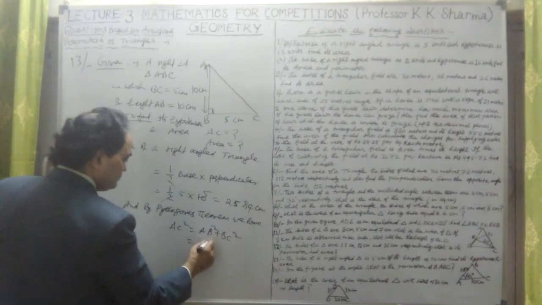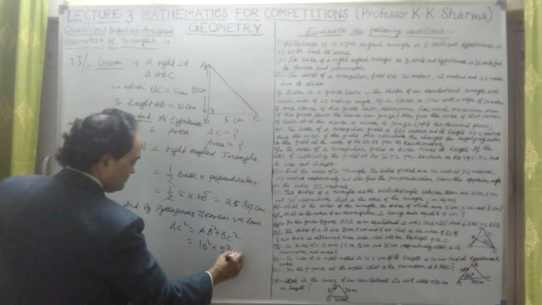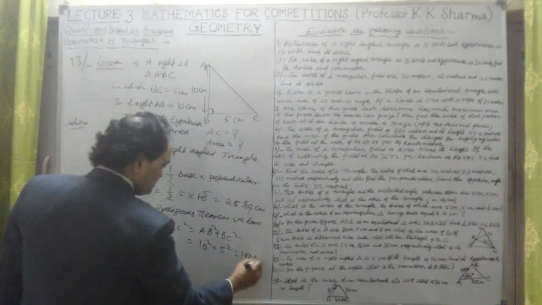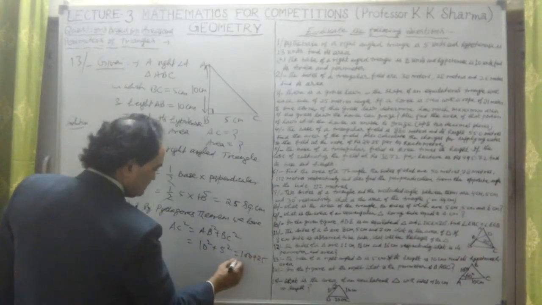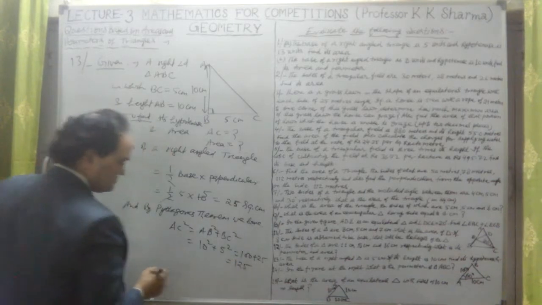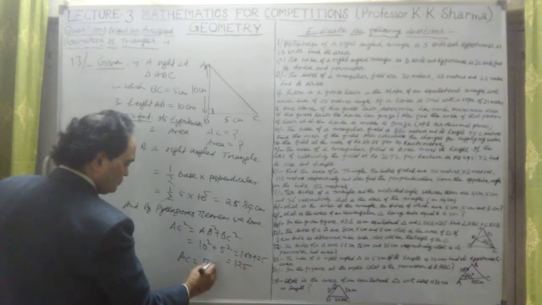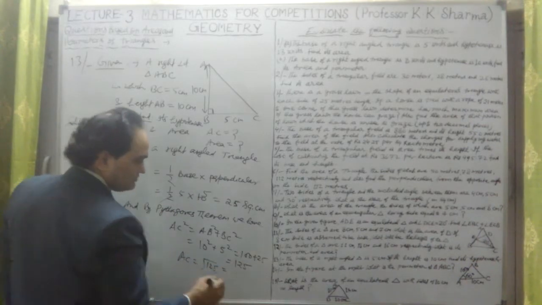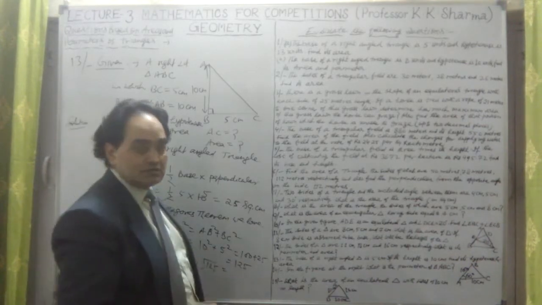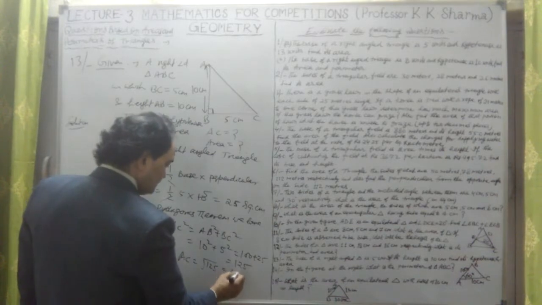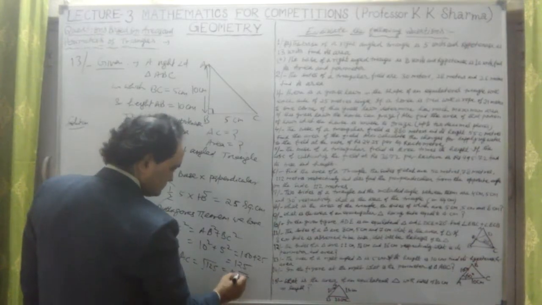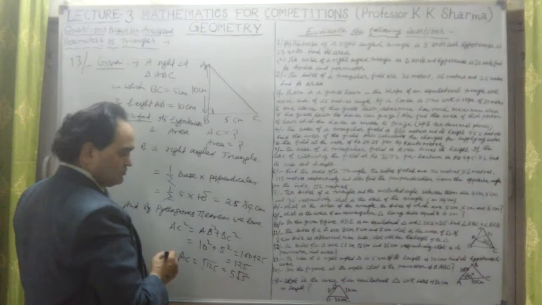This is 10 square plus 5 square, which means 100 plus 25. That means this is 125. So AC is equal to the square root of 125. It's nothing but 5 into 5 into 5. That means it is 5 root 5.